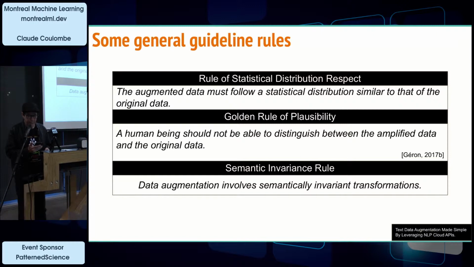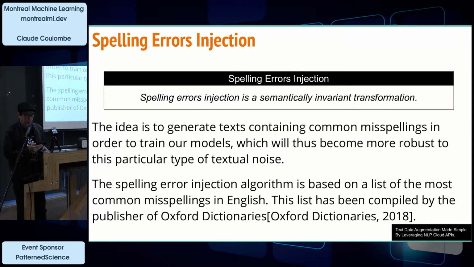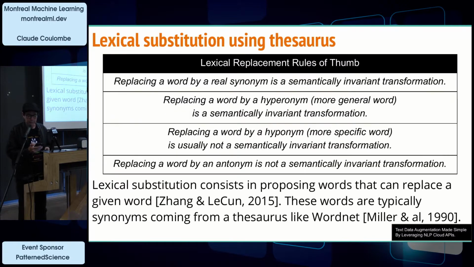A very simple TDA technique is textual noise injection, which consists of removing, replacing, or adding random characters or sequences. A very similar technique is misspelling error injection. Then the classical lexical substitution using a thesaurus, which consists in proposing words, typically synonyms, coming from a thesaurus like WordNet, that can replace a given word.